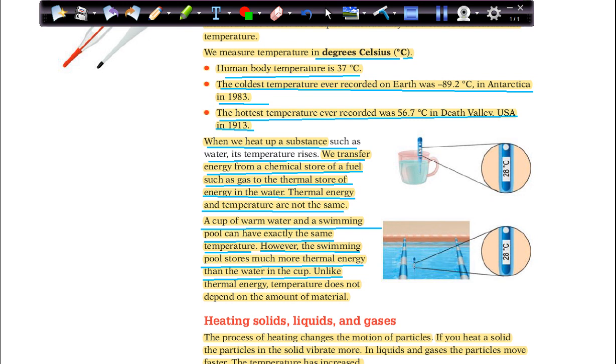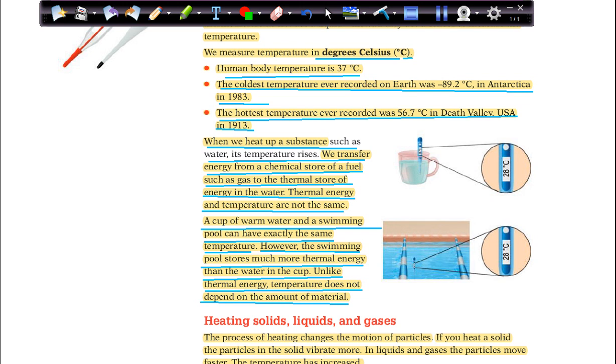Who's going to lose the thermal energy first? Of course the cup, because the cup has less thermal energy than the water in the pool. So unlike thermal energy, temperature doesn't depend on the amount of material. So here, the temperature could be the same.